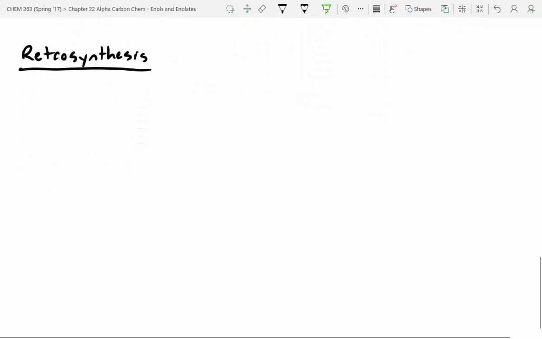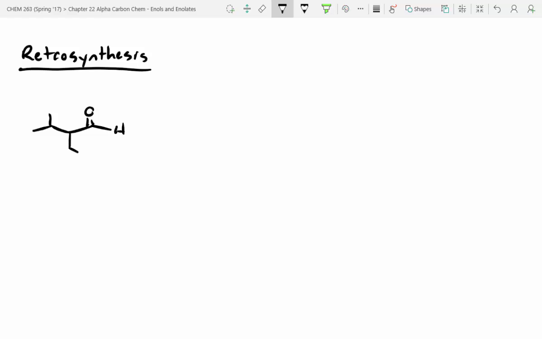All right, so for this one, what starting materials would you need? So retrosynthesis arrow has this double head.